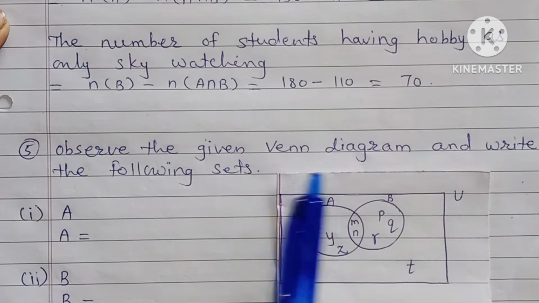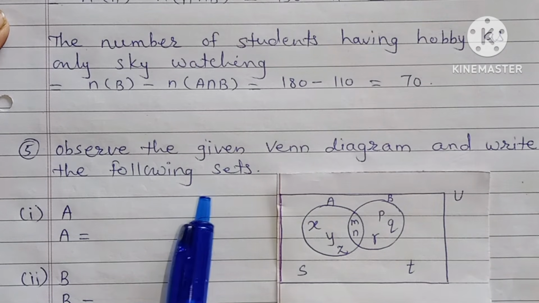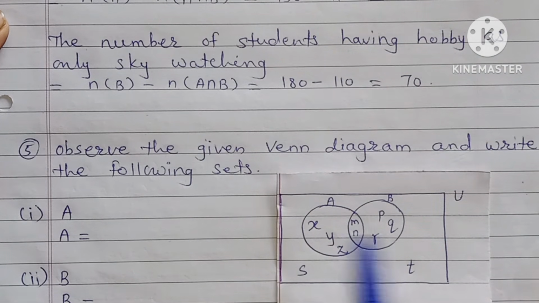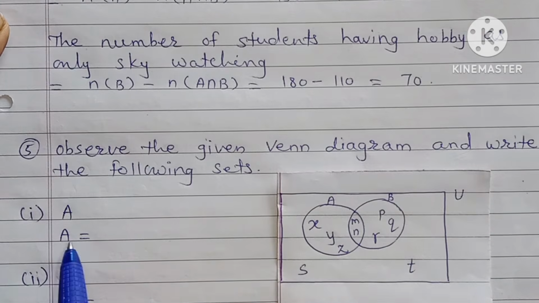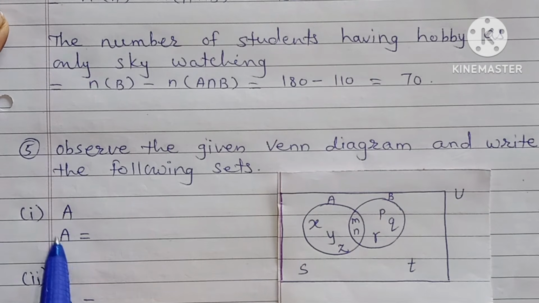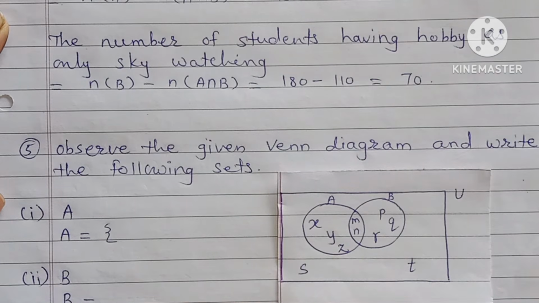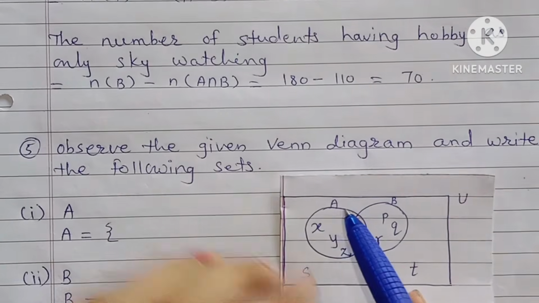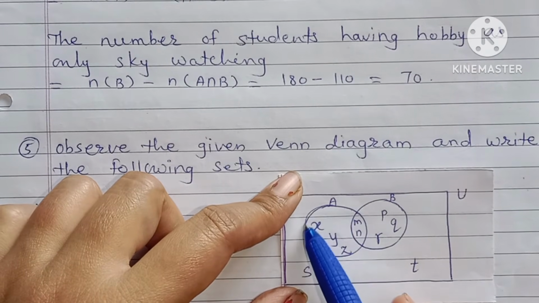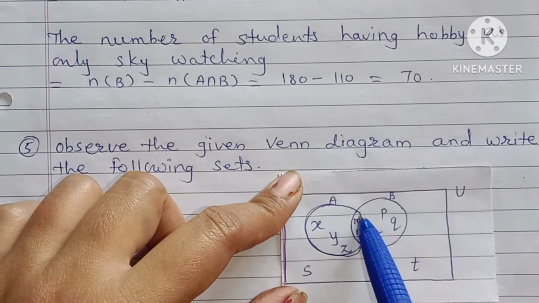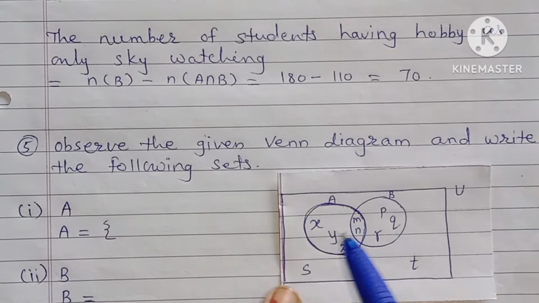Question number 5. Observe the given Venn diagram and write the following sets. This Venn diagram is given. First, you can write down the set A. A is equal to, in set A, which elements are there? See, ये इतना है ना set A. This is set A, means which elements are there in set A?